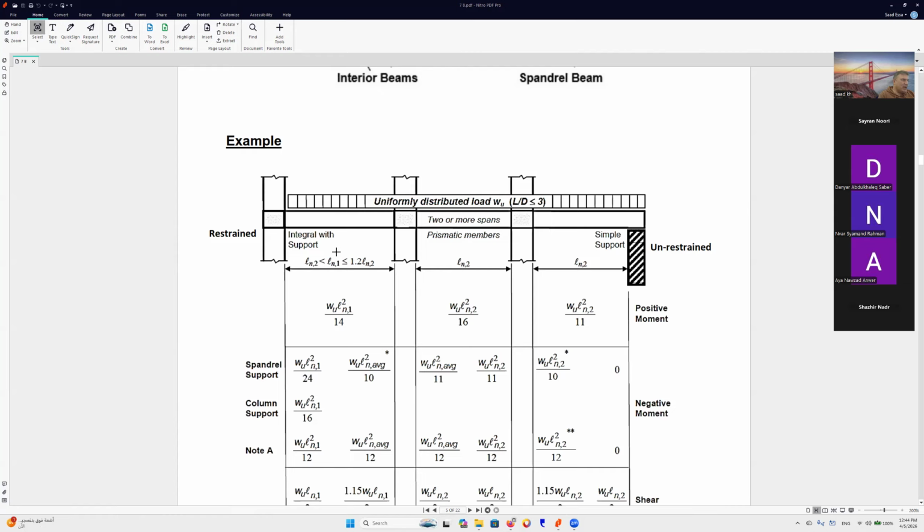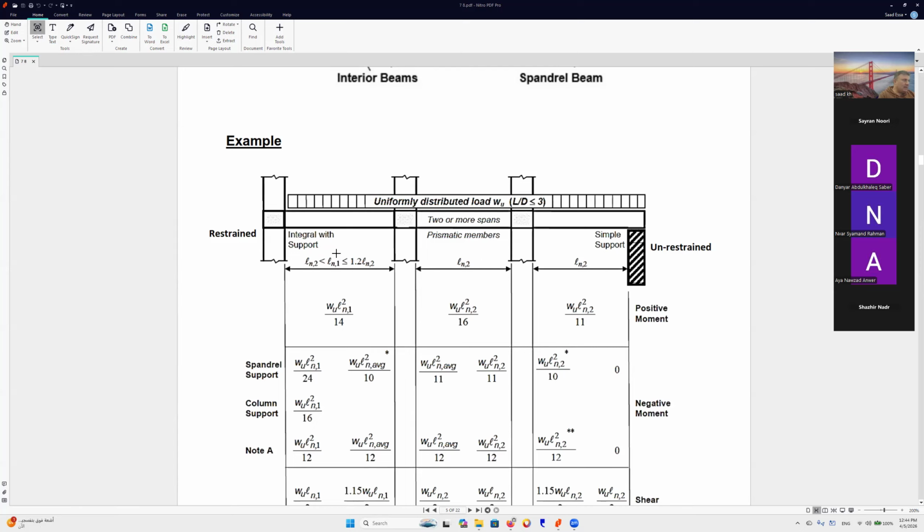Ln1, which is the length of span 1, is greater than Ln2 but smaller than or equal to 20%, which is 1.2, so maximum 1.2 Ln2.